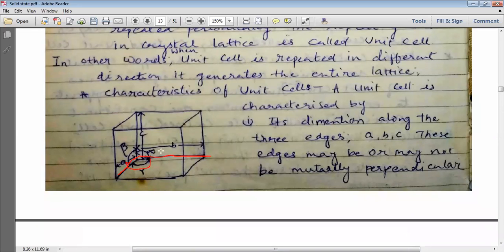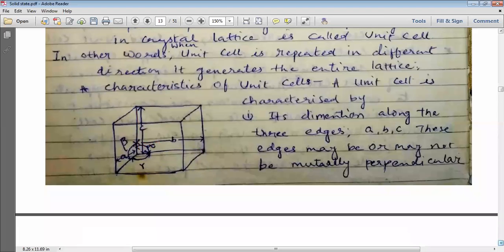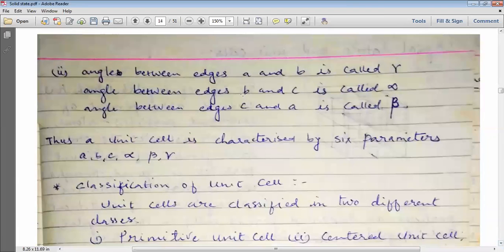In the same way, this is your side B and C. The angle between B and C is called alpha, and the angle between C and A is called beta. So that is what is written, my dear students: the angle between B and C is called alpha, the angle between A and B is called gamma, and the angle between C and A is called beta.